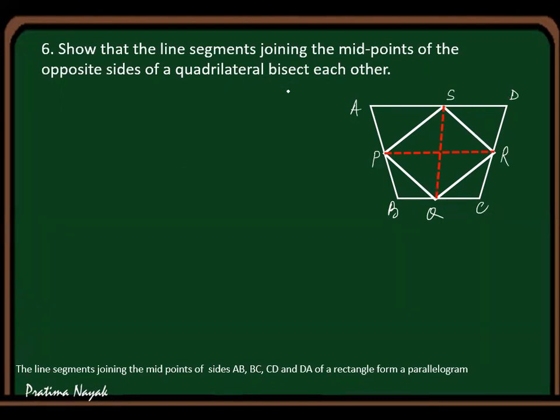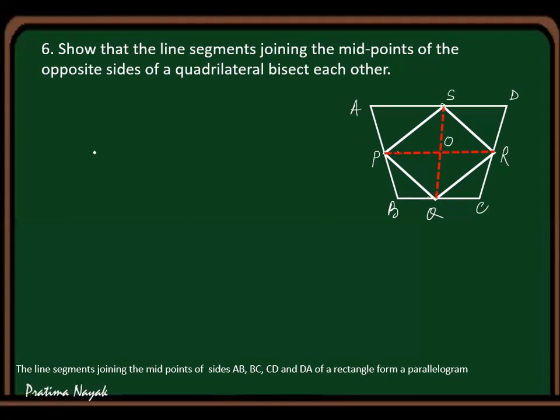You have to show that the quadrilateral's diagonals bisect each other, that is, the line segments PQ, QR, RS joining the midpoints of opposite sides bisect each other. That means you have to prove that the line segments SQ and PR bisect each other.